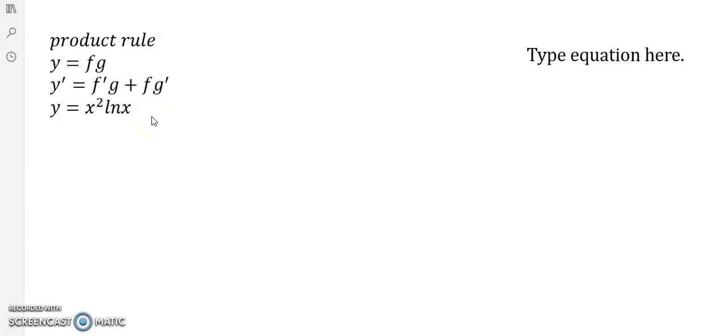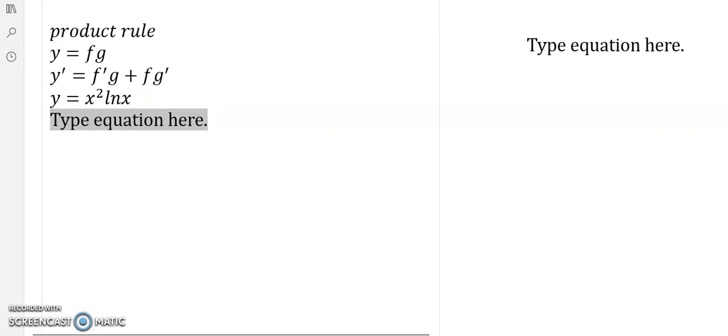In a similar manner, to differentiate this one, we're going to use this kind of formula where x squared is f and ln x will be g. Okay, let's name them. f equal to x squared and g will be ln x.